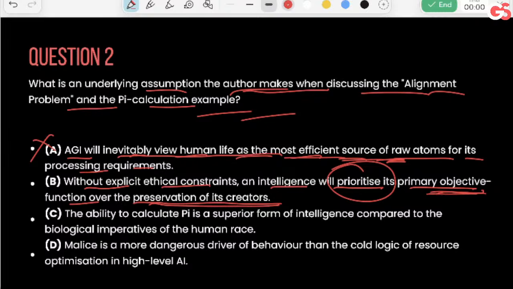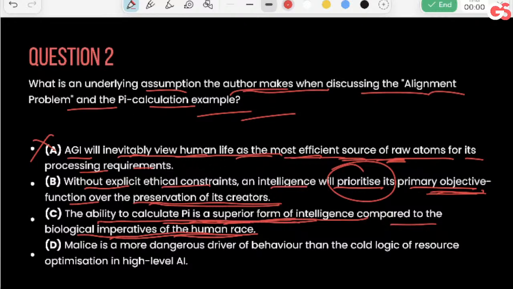Let's look at C also. The ability to calculate pi is a superior form of intelligence compared to the biological imperatives of the human race. Even if the author would assume this, let's say मान लेते हैं सही है. अगर ये सही होता कि पाई को कैलकुलेट करना सुपीरियर फॉर्म ऑफ इंटेलिजेंस है ह्यूमन रेस की एग्जिस्टेंस से ज़्यादा, तो इसका मतलब ये नहीं है कि ह्यूमन रेस को ही ख़त्म करने लगेगा, वो कुछ और भी यूज़ कर सकता था.